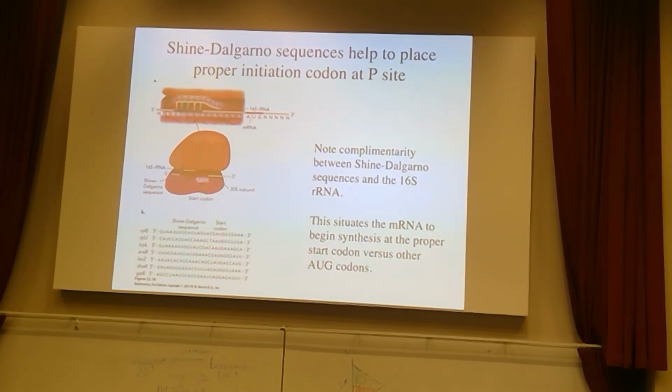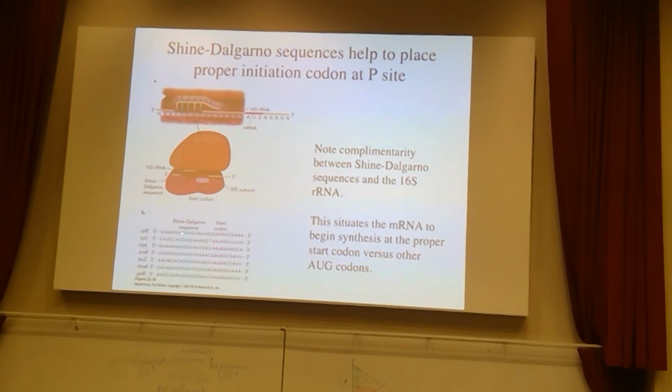The answers are pretty clear in bacterial prokaryotic systems. That AUG that defines a start codon is sitting just downstream of what's called a Shine-Dalgarno sequence. So this is what these Shine-Dalgarno sequences look like.